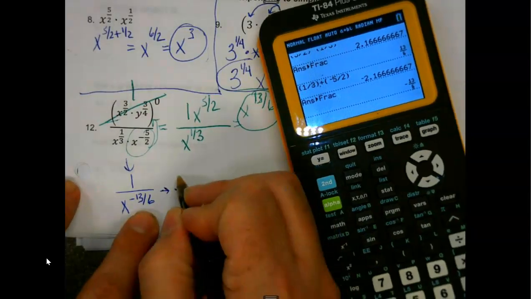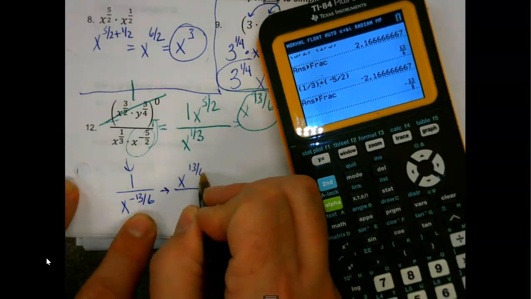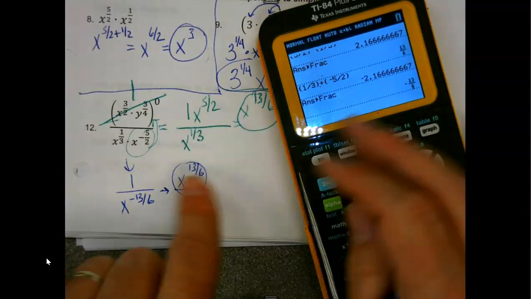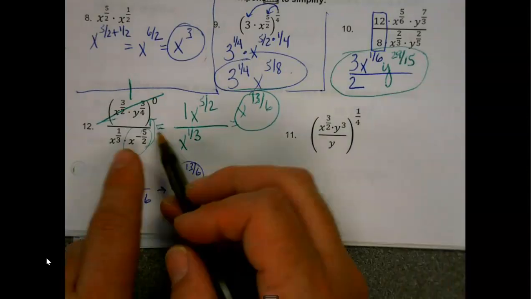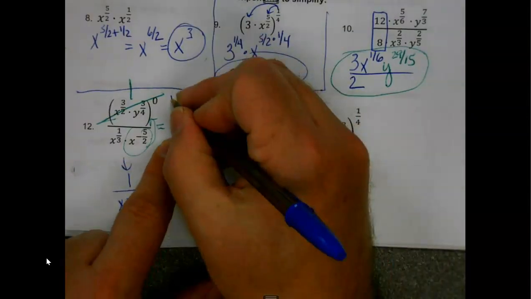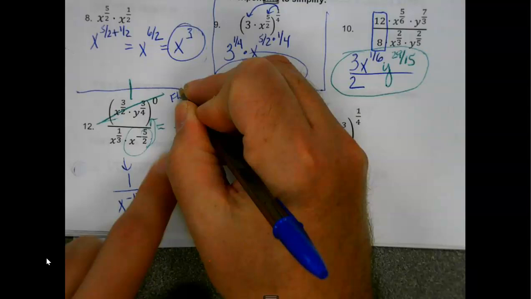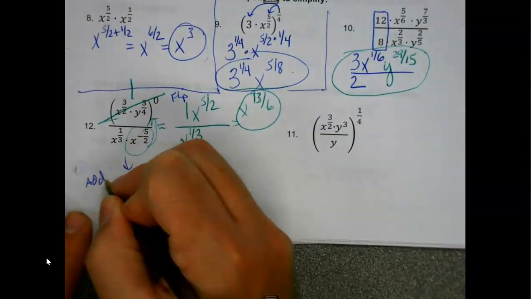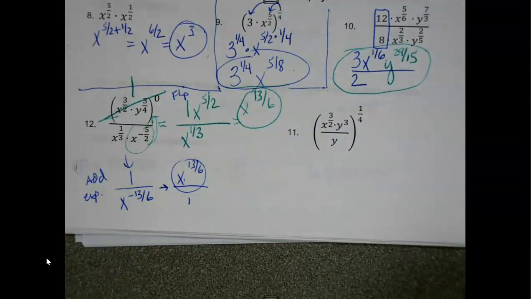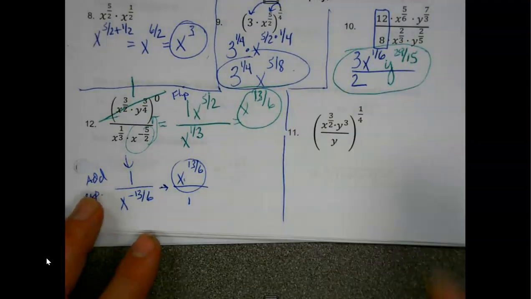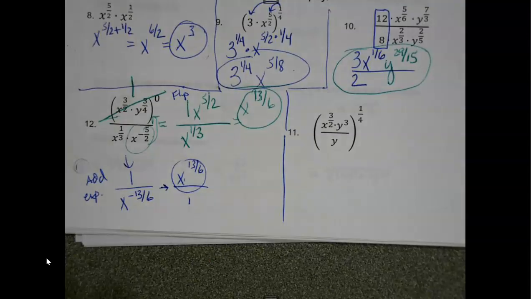But then you'd have to flip that up to the top. I get the same answer either way. So if I flip, I get here. If I add the exponents right away, I get to here and I have one more step. So most of the time, if you follow the rules, it doesn't matter what order you necessarily go in, you're still going to get to the right answer, which is nice.